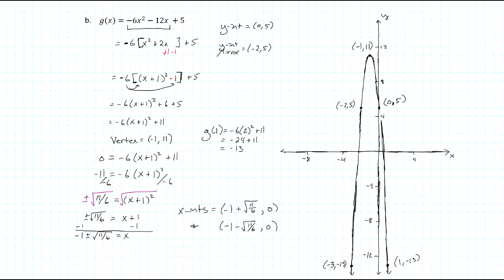All right, so we can label these x-intercepts now. We have this x-intercept at negative 1 plus the square root of 11 over 6, comma 0. And then our other x-intercept over here at negative 1 minus the square root of 11 over 6, comma 0. And we'll sign off with y equals g of x.